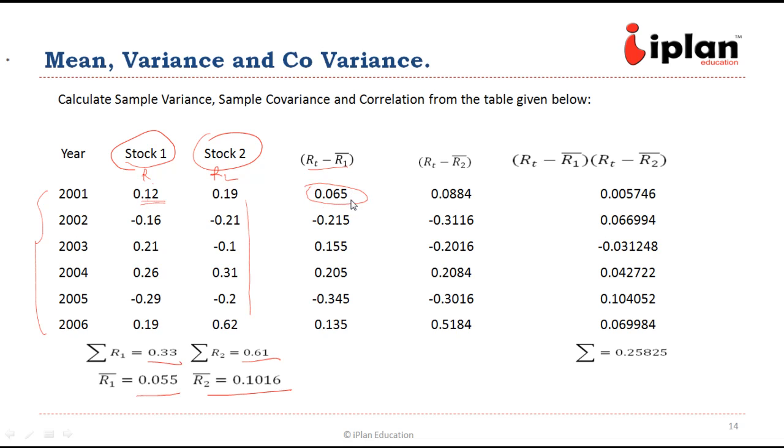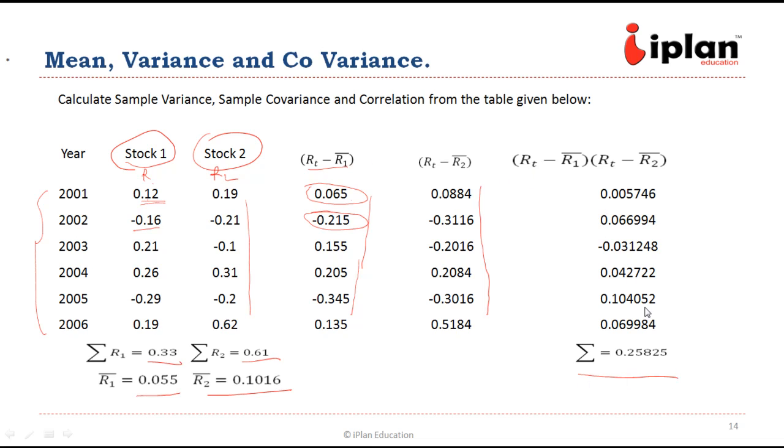In the second year, the variation was this negative variation, and so on. Similarly for stock 2. So these are the variations from their own means, and this is the product of these deviations. Finally, the summation of this.